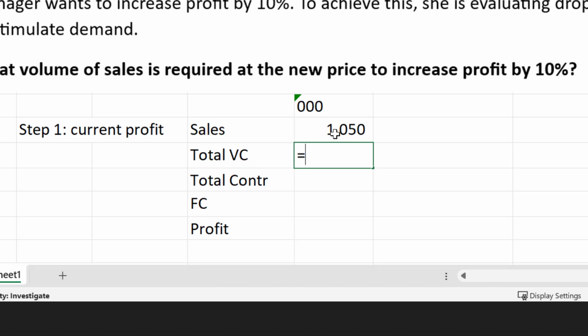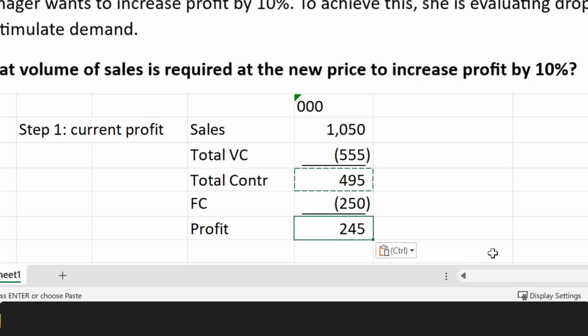My variable cost will be 30,000 multiplied by the negative 18.5. Contribution then will be equal to 1 minus the other, adding it because it's a negative number. Fixed costs, $250,000 a month. Profit then, $245,000 per month.